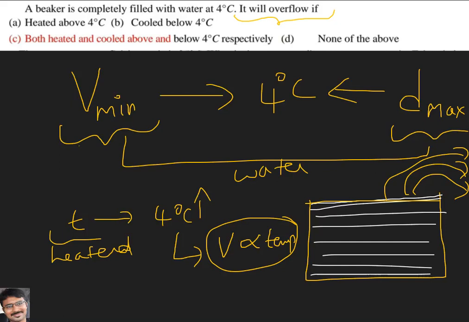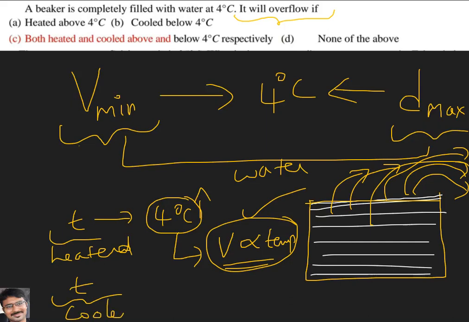After 4, the general nature applies: if T is greater than 4 degrees centigrade, then volume is directly proportional to temperature. Already it is at 4 degrees, and increasing more than 4, it overflows, the general phenomenon. Suppose it is cooled below 4 degrees centigrade, that means temperature decreased.